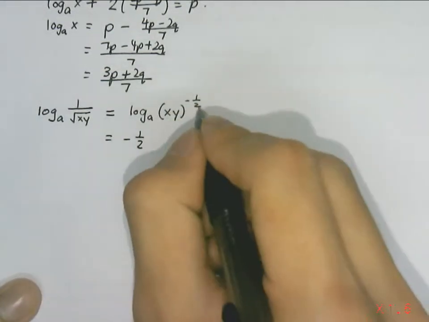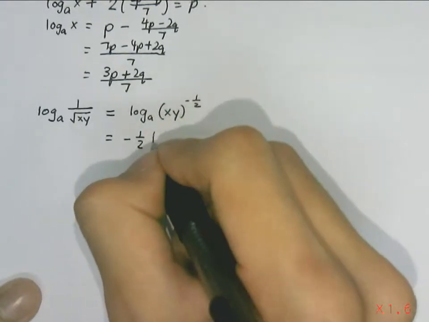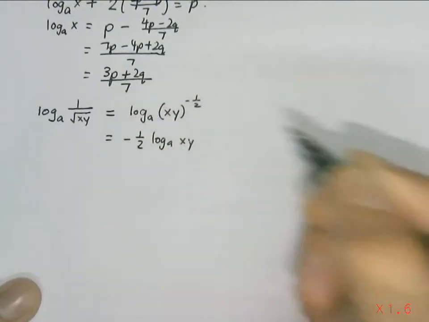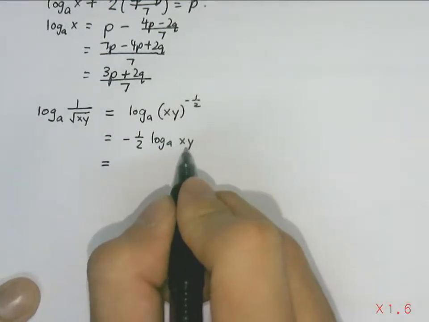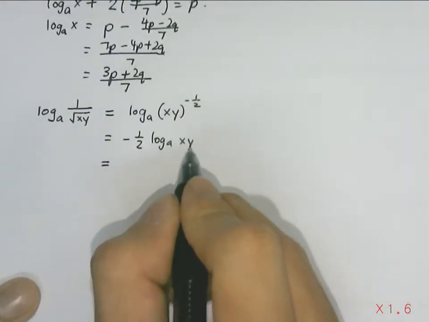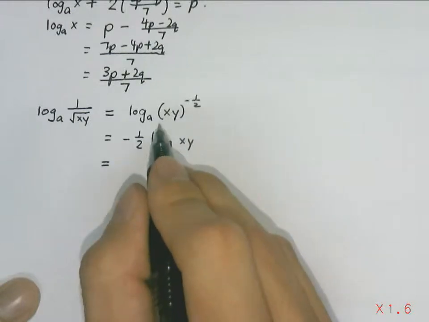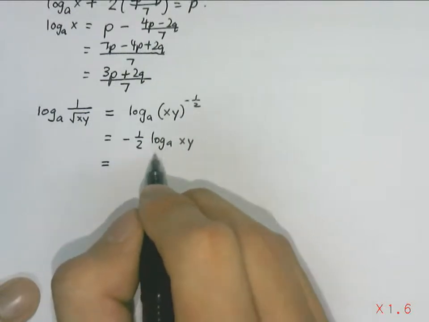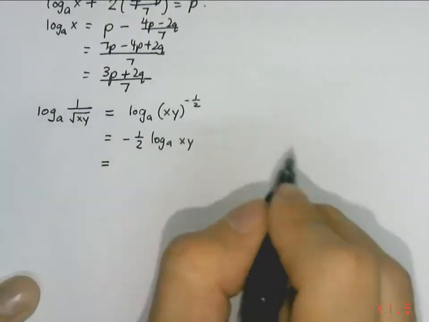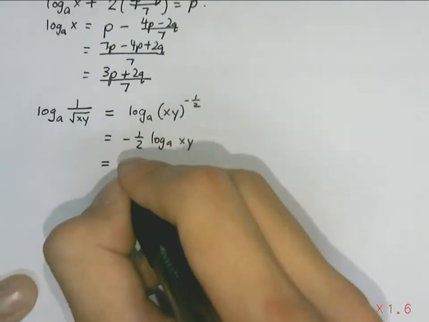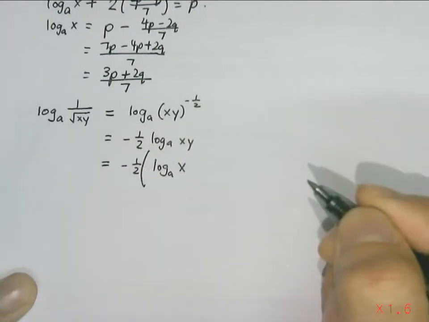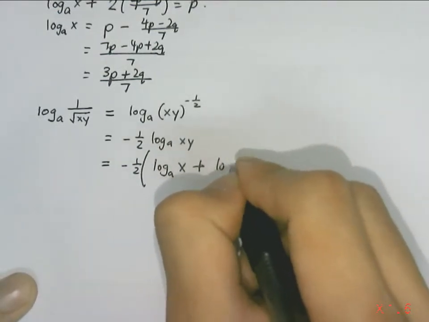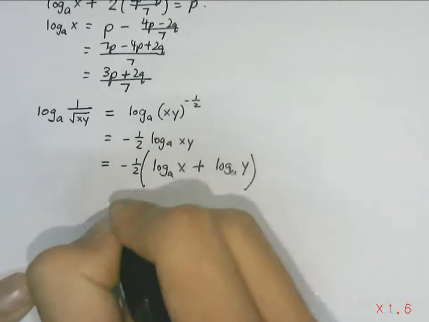So bringing down the negative half power, I'll get this term. And following the logarithm rule of the product, product means they multiply, so the individual logarithm terms will be adding, so it's a sum of both. So minus half log x base a plus log y base a.